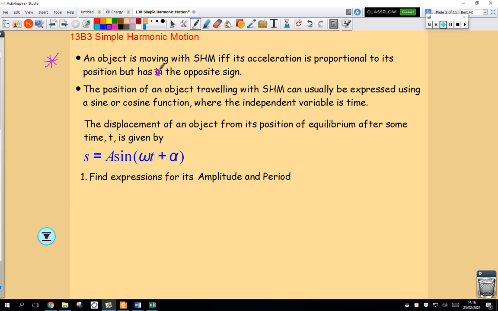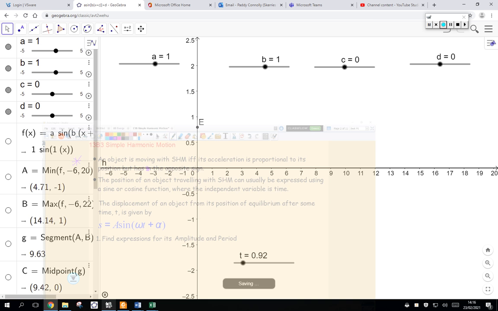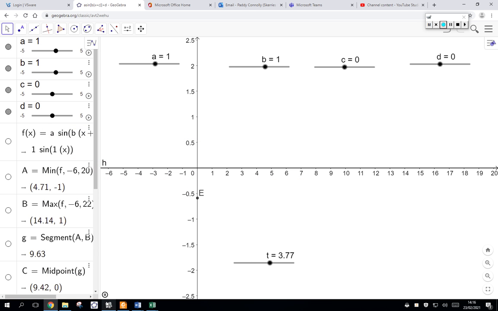So again, if I just take a quick graph here, I have a picture of an object moving with simple harmonic motion. This little object here, E, is moving up and down between 2 points. We'll take its starting point at 0 and on the way up.